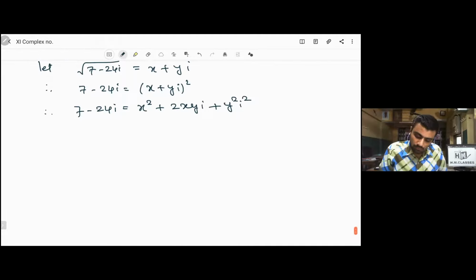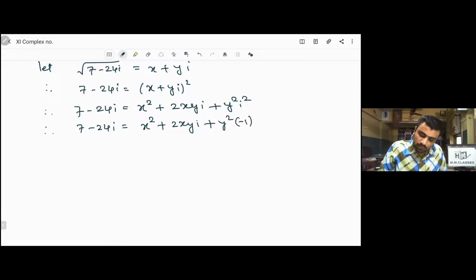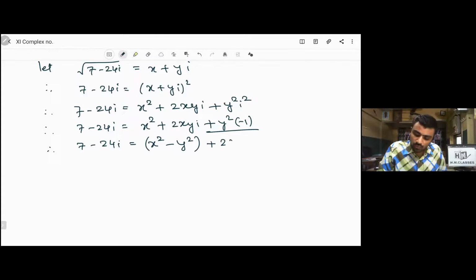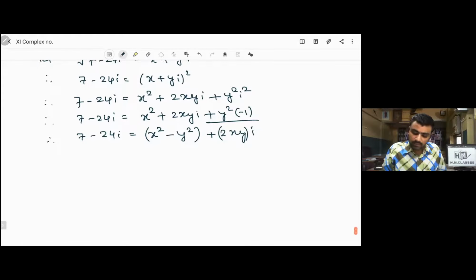And now 7 minus 24i is equal to x square plus 2xyi plus y square, with i square replaced by minus 1. Therefore, 7 minus 24i is equal to x square, and y square into minus 1 is going to be minus y square, and I am keeping it with this x square. Along with that, I am making a bracket.